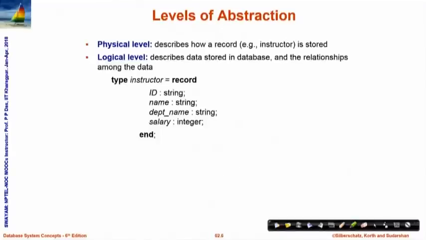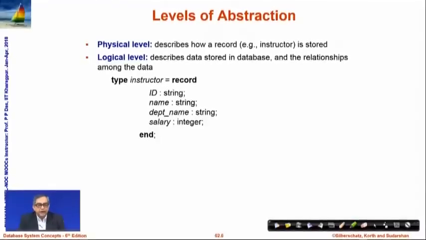At the next level, we have the logical level, which describes the data stored in databases and the relationships amongst the data. Any data that is stored, you can think of as a record. Here we are illustrating the record of an instructor who teaches a course. As you know, a record is a collection of multiple fields of different types.